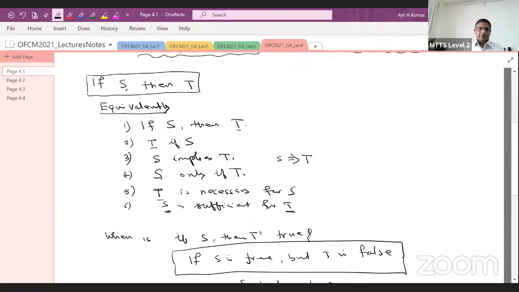When you have a necessary and sufficient condition, this is what it means.